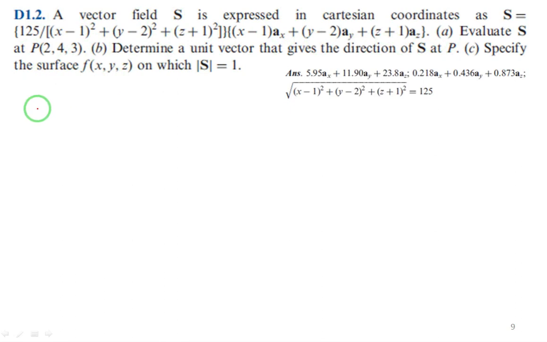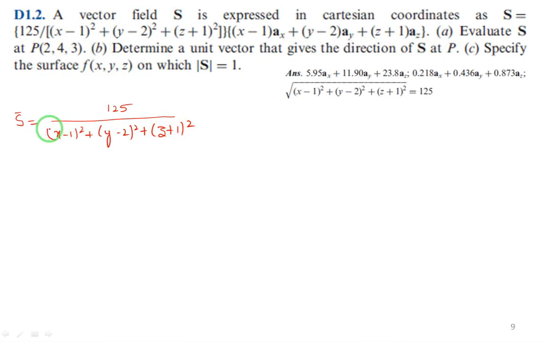Okay, first I will take whatever vector they have given and rewrite it once again. S vector is equal to, as per my convenience, because they have not written properly, 125 divided by x minus 1 whole square plus y minus 2 whole square plus z plus 1 whole square.